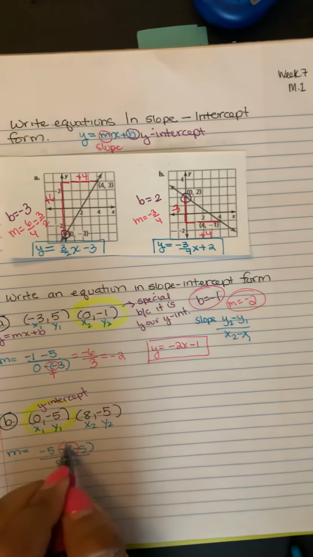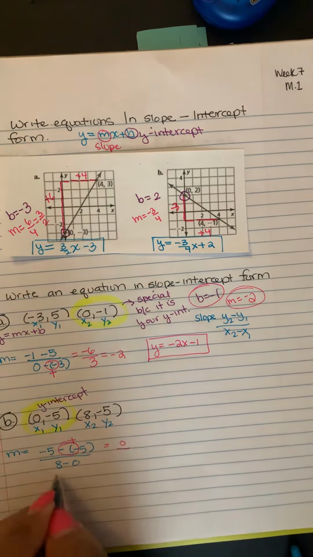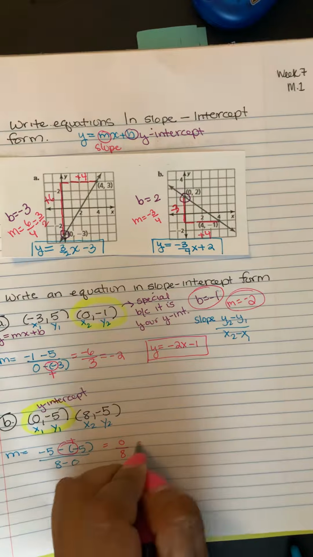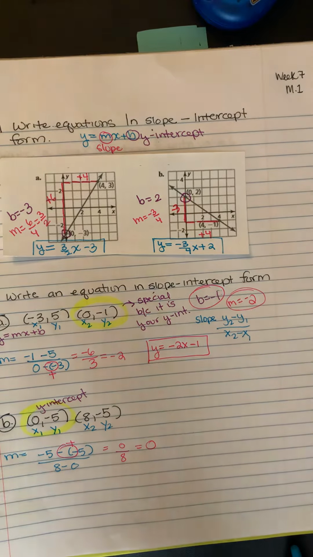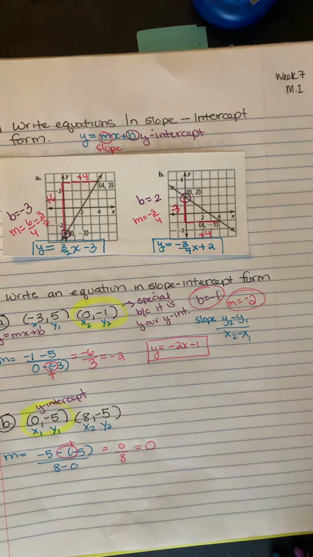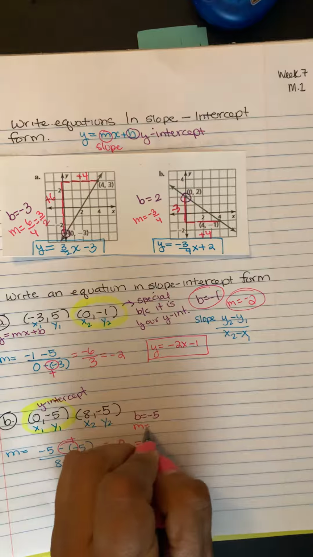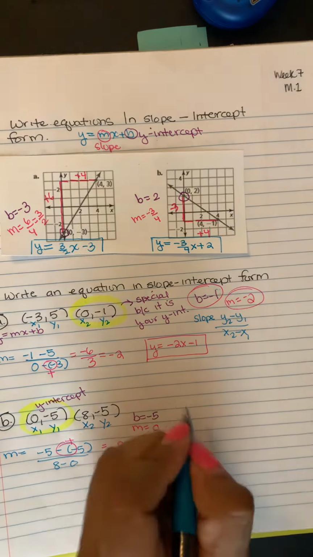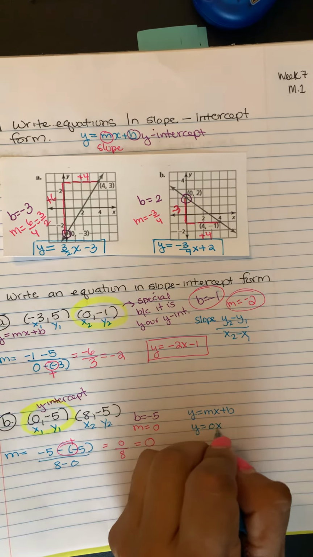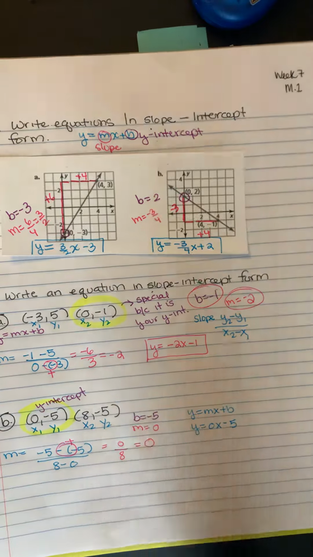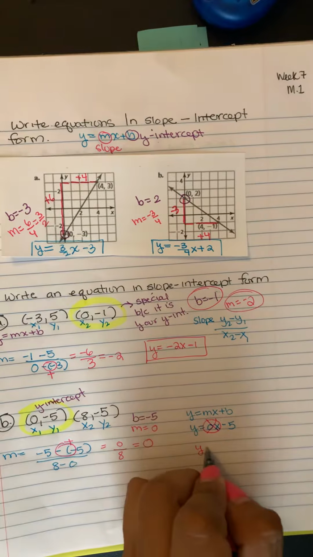And we do have a double negative here, so this is now -5 plus 5. That gives me 0, and then 8 minus 0 is this. So we have what we call a 0 slope. So if I know that my b is -5 and my m is 0, and I plug it into y equals mx plus b, y equals 0x minus 5, I know that this is 0, so you don't need that. Final answer, y equals -5.